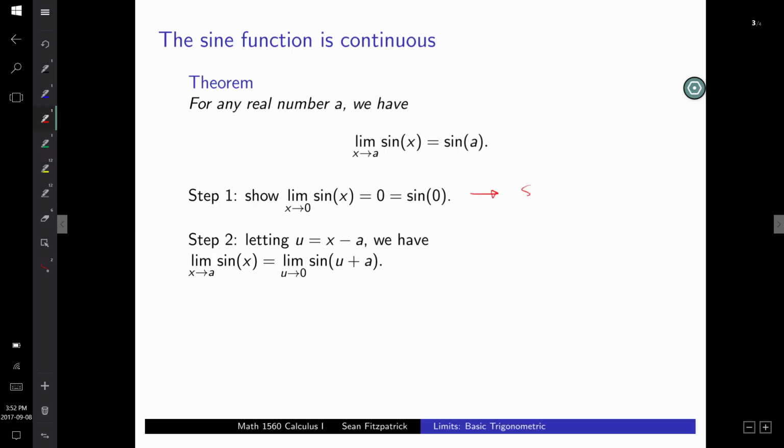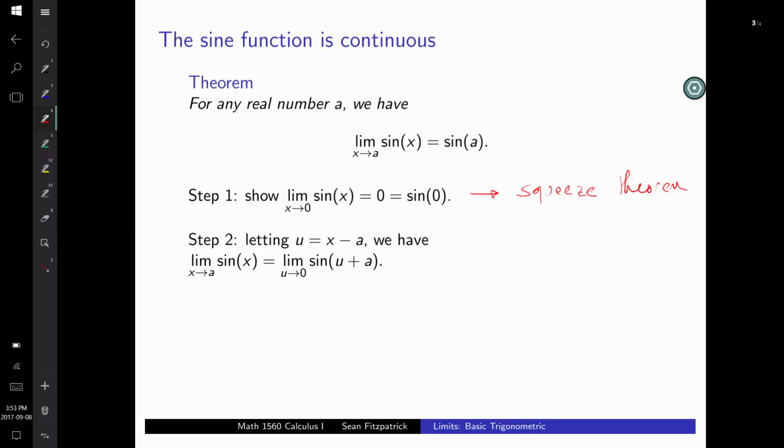This is straight up squeeze theorem. The value of sine x is always between 0 and x, and as x goes to 0, x is going to 0, and so sine x must also go to 0. And of course sine of 0 is also equal to 0. So we know that the result is true when a equals 0.